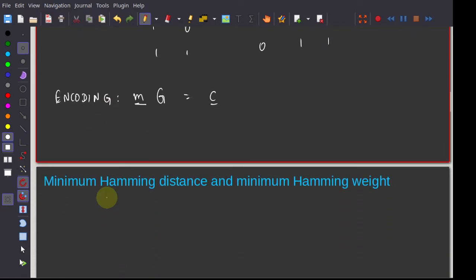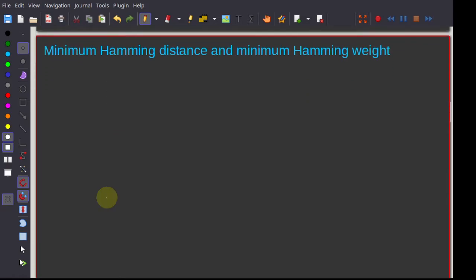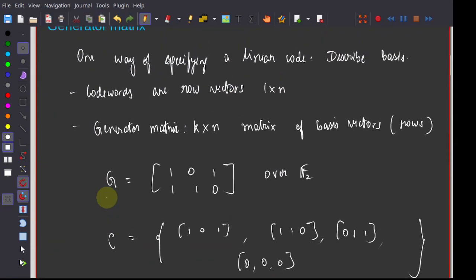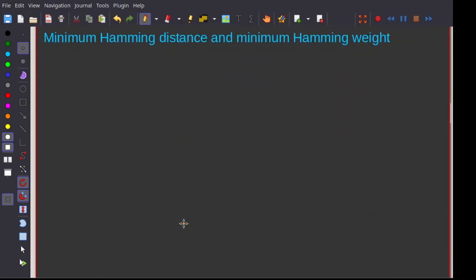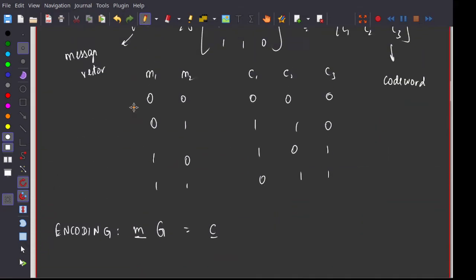All right. So we have seen two parameters in some detail, n and k, and how to encode. Now we're interested in how many errors this particular given code can correct. Now in this particular case, let's take G equal to 101 110.